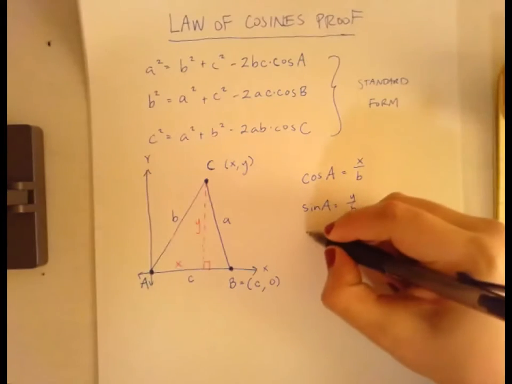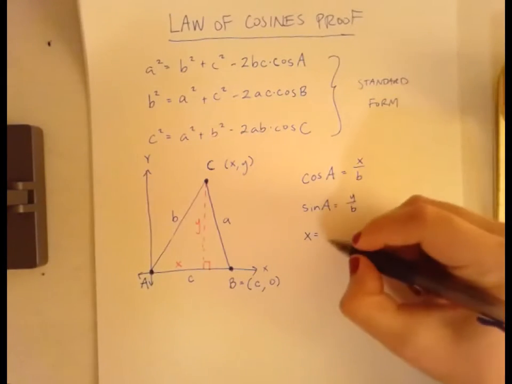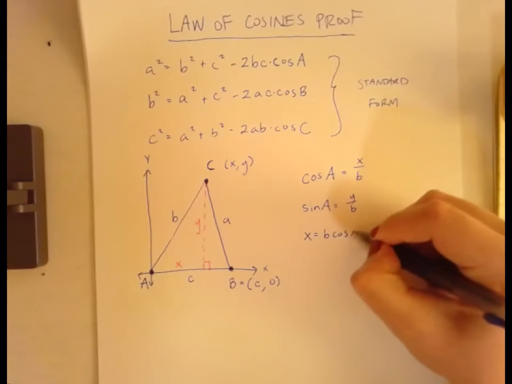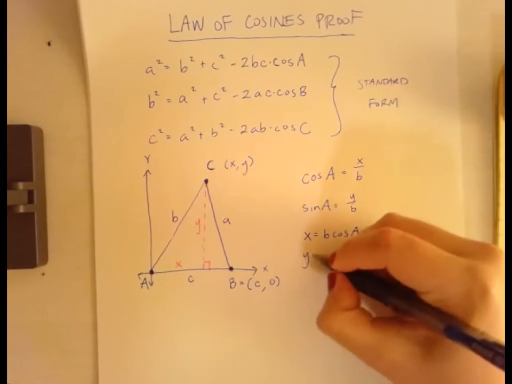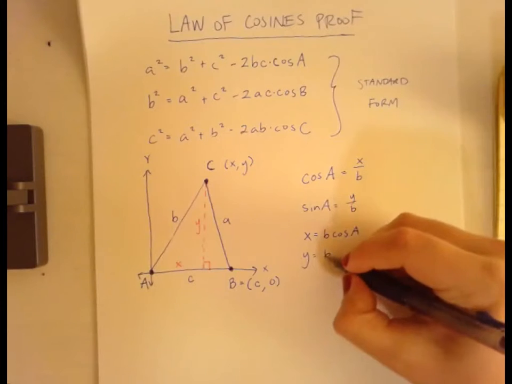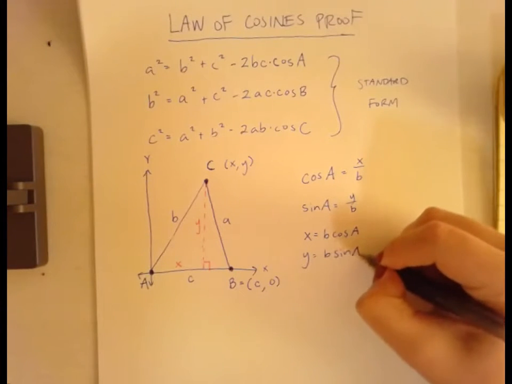I can say that x is equal to b cosine A, and y is equal to b sine A.